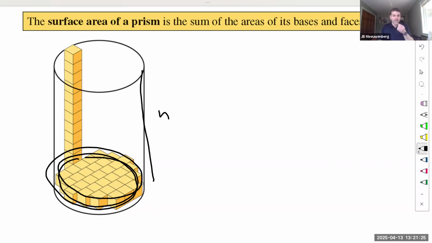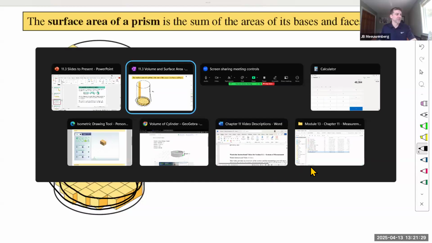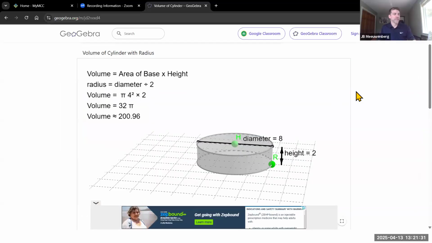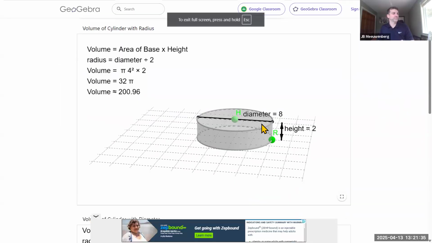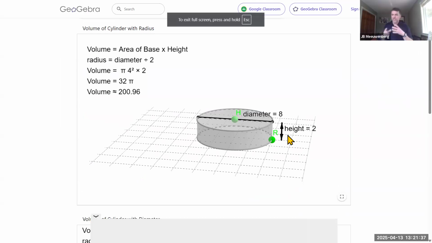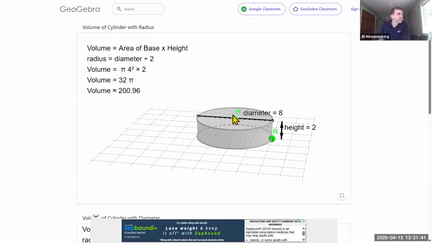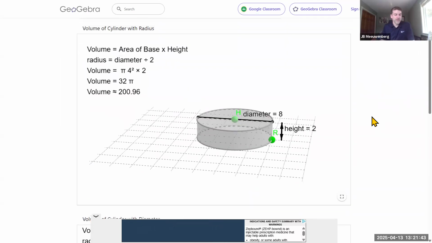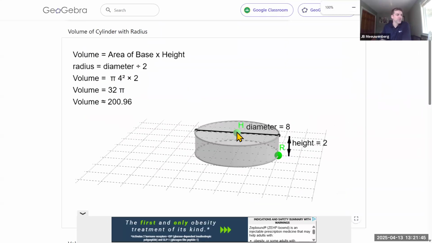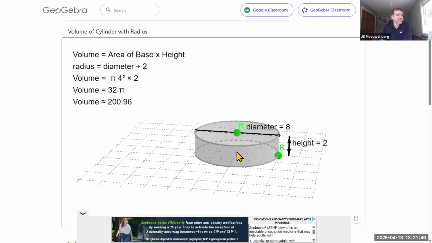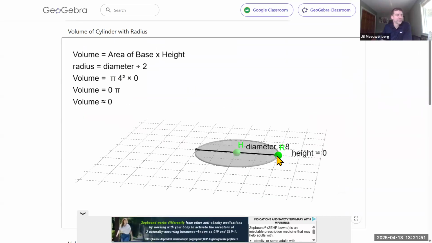And so what I'm going to show you is I'm going to take you to a website, and I've got this link also in Blackboard. And so let's just take a moment to reflect on circles. If you want to play around with this, you can grab these little green dots and hold in with your mouse, click and drag.